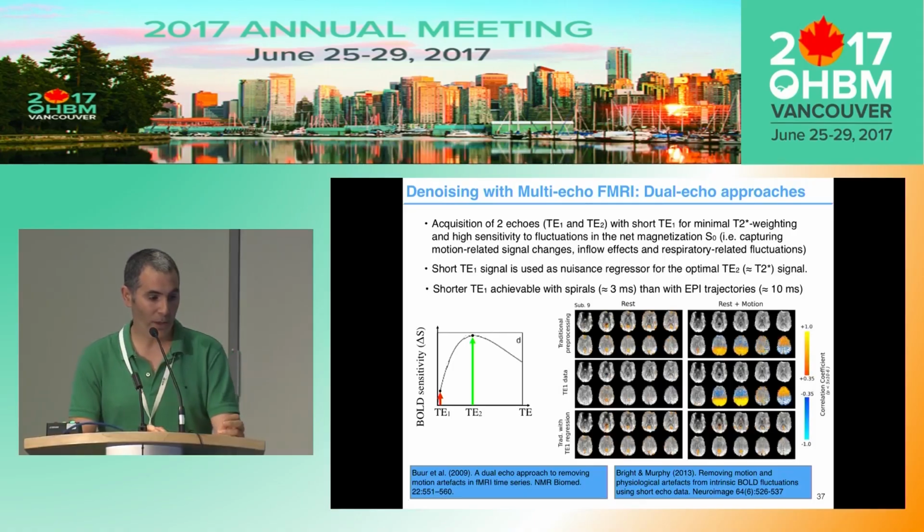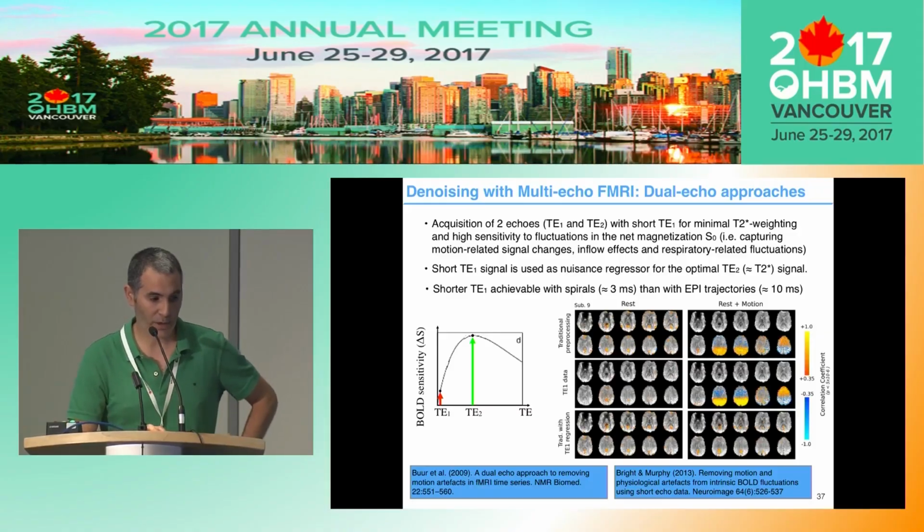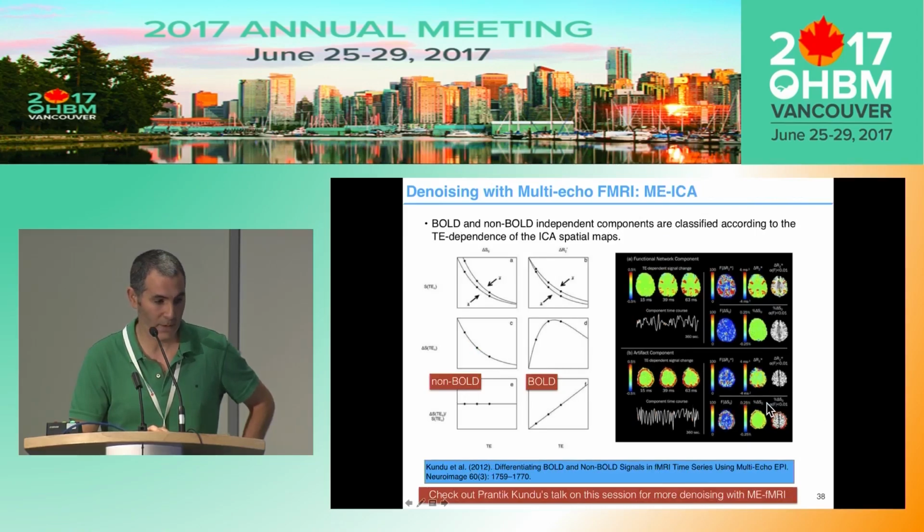And then actually use that signal in a voxel-dependent manner as a nuisance regressor to denoise the signal acquired at the optimal T2 star. And you can actually remove motion-related effects from your activation maps or connectivity maps.